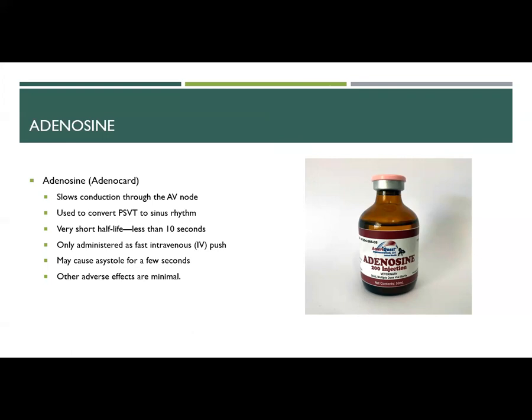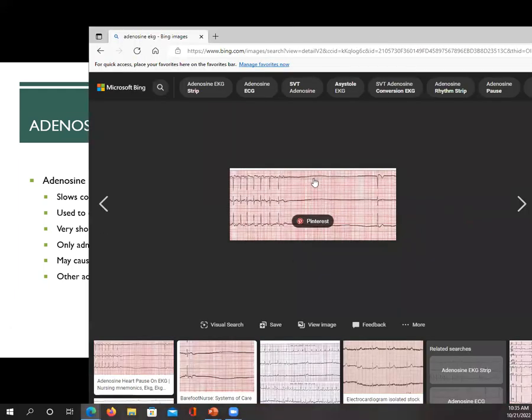Let me see if I can show you an EKG. Okay. And I will say it's super scary when it happens. This is why a provider has to be there with you when you give this medication. Because as you can see here, they've got SVT here, SVT here. They give adenosine, it stops, and then their rhythm starts again.